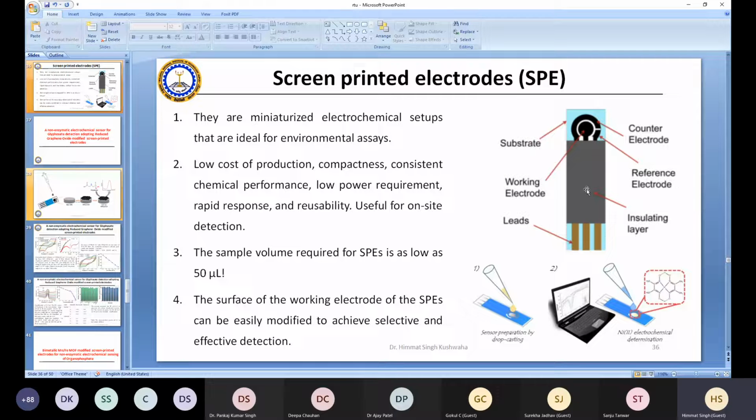Within 50 microliters, you can perform the sensing, or you can perform the electrochemical experiment.